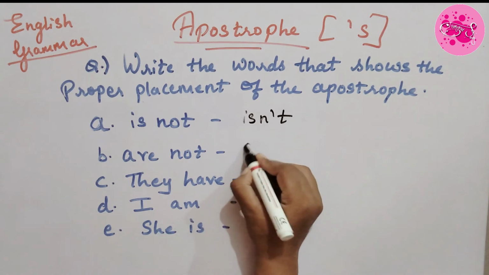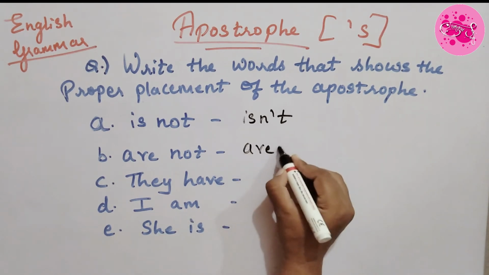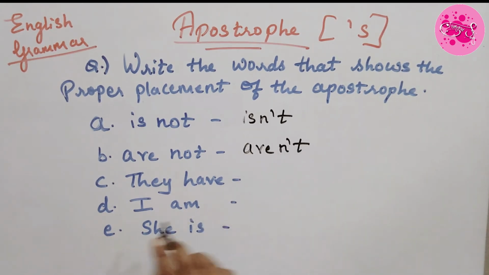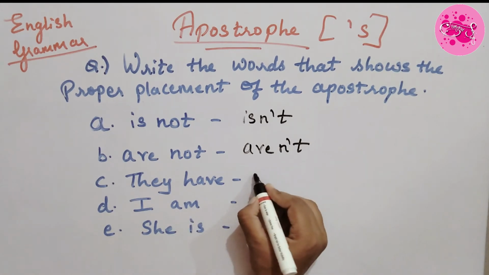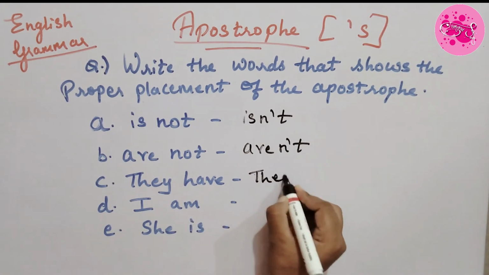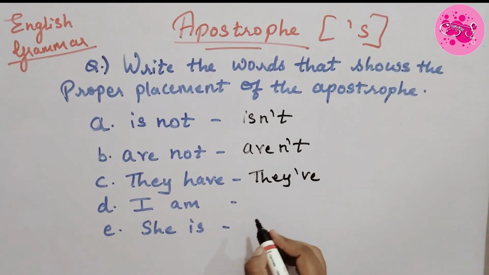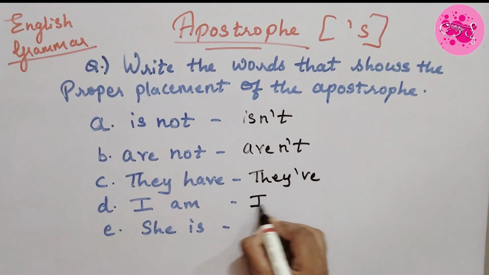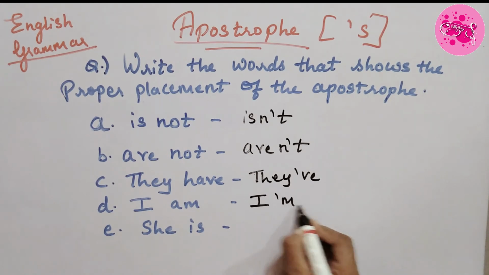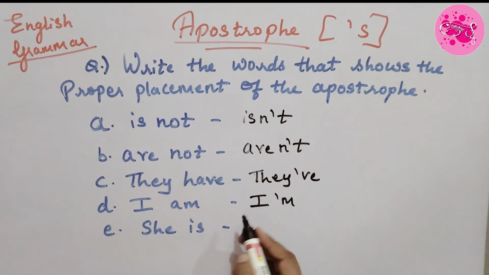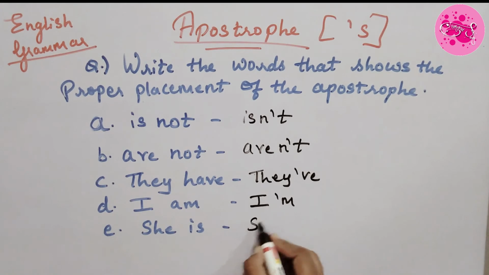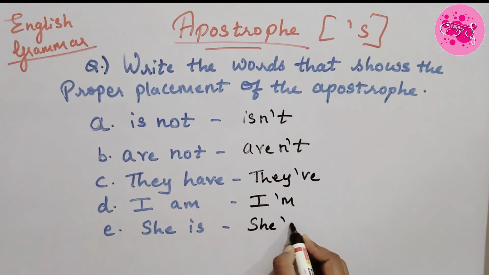We have to write aren't, are n apostrophe t. They have. So we have to write they apostrophe ve. I am. So we have to write I apostrophe m. She is. We have to write she apostrophe s.